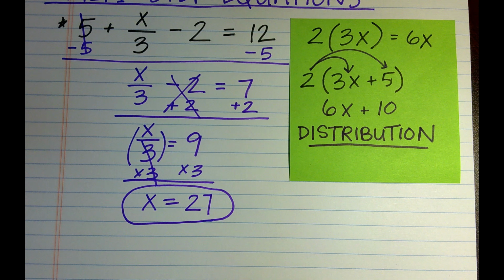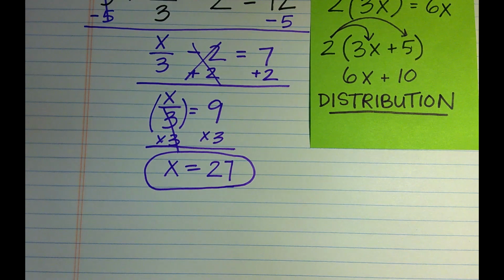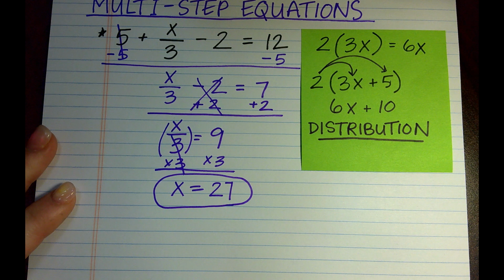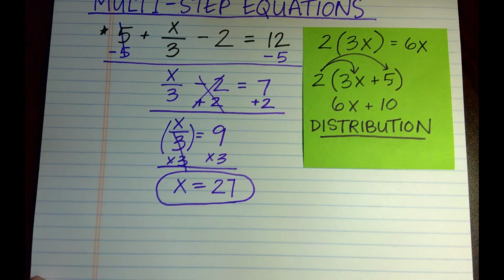So here's what I'm going to do. I'm going to give you another problem, another equation that we will do together, but I'm going to stick a negative in there on our distribution.